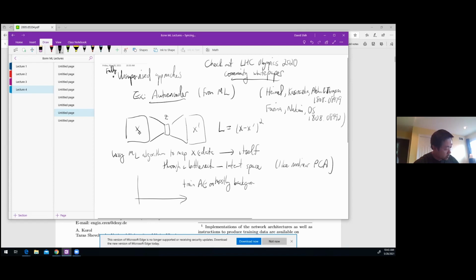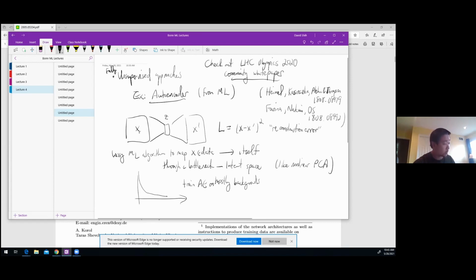Let's say it sees, in an extreme case, only backgrounds. Then it'll learn to reconstruct the backgrounds well. This is called the reconstruction error. That's the loss.